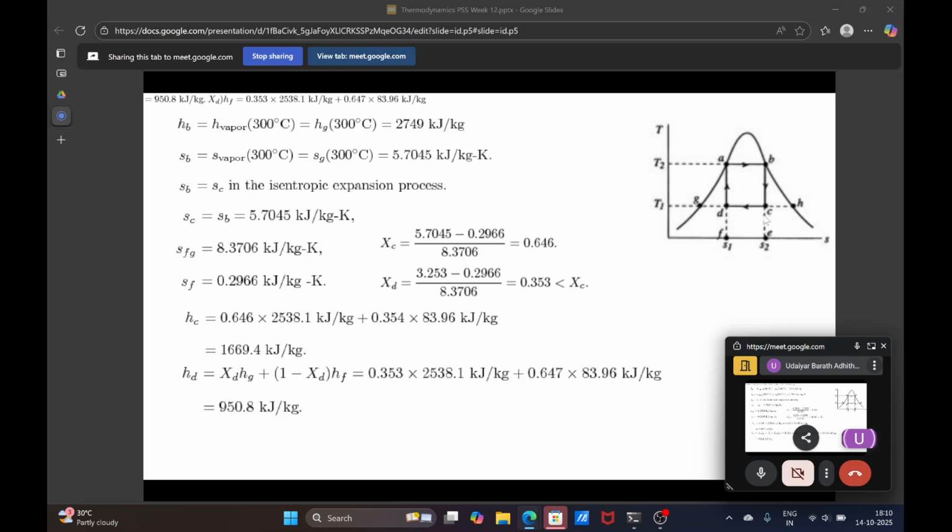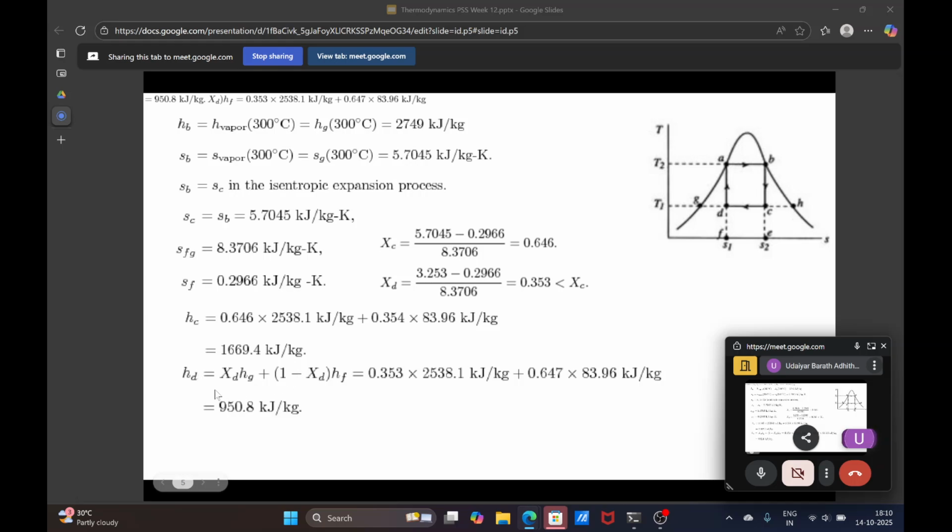Now with the quality known at C and D, we can evaluate the enthalpies at the state points. So Hc is again Hf plus X into Hfg. We can find Hc, which comes out to be 1669.4 kilojoule per kg.